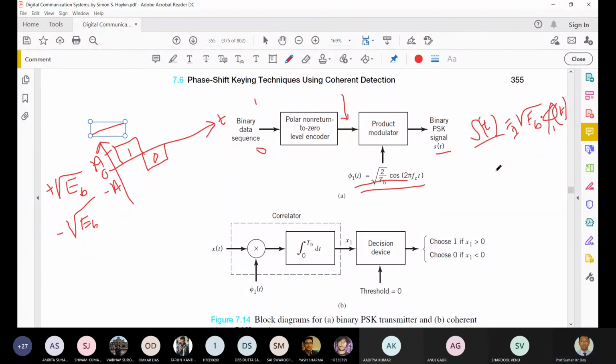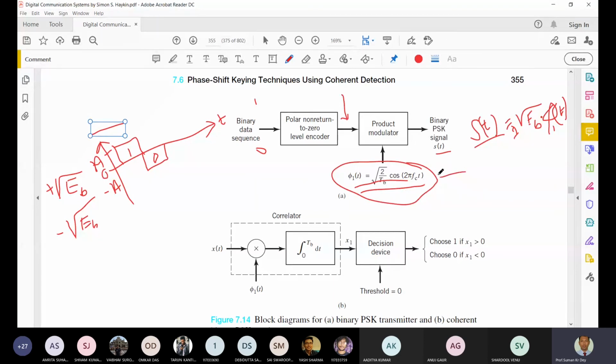In that way we are generating the BPSK signal. If we look at the generation of the BPSK signal S(t), we can compare it with double sideband suppressed carrier, DSB-SC.